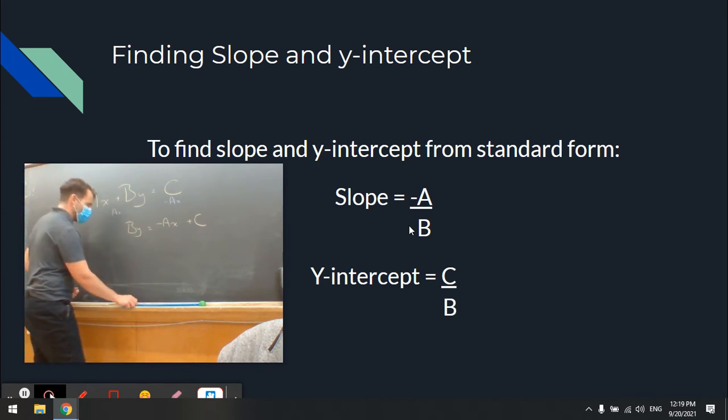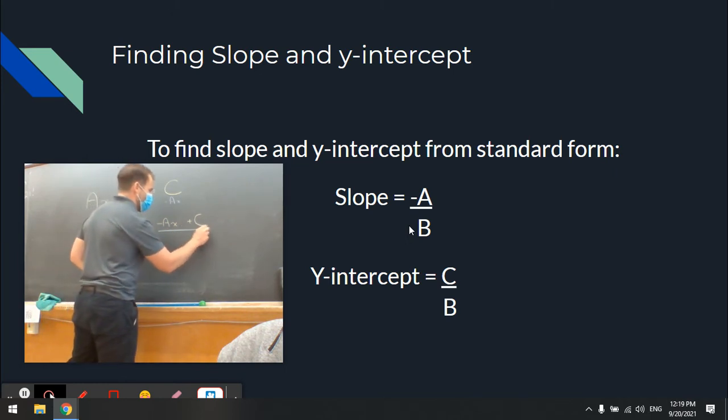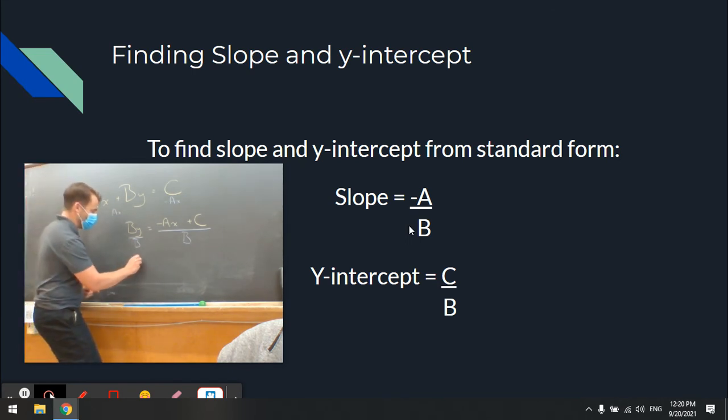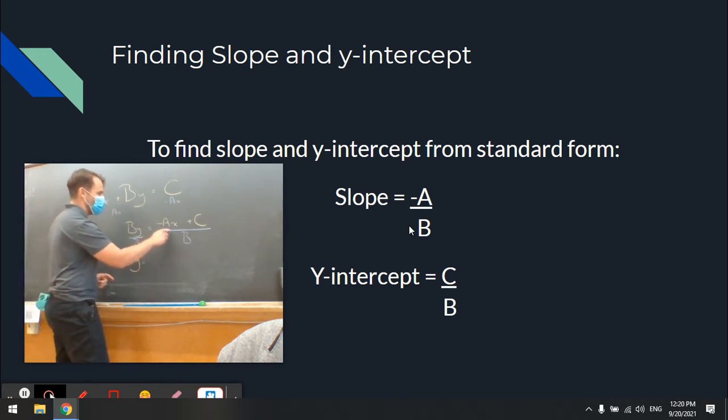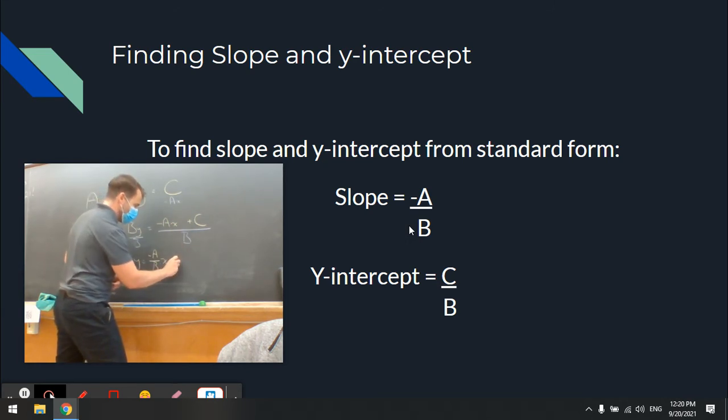So my inverse operation is to divide both sides of the equation by b. So now I have finally succeeded. Y is equal to negative a over b times x plus c over b.